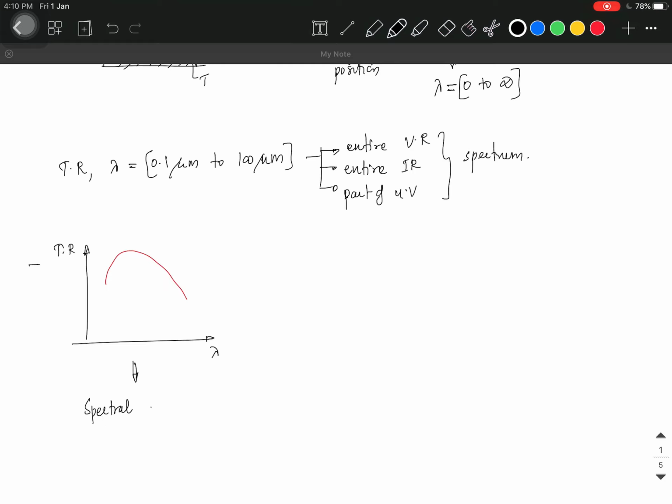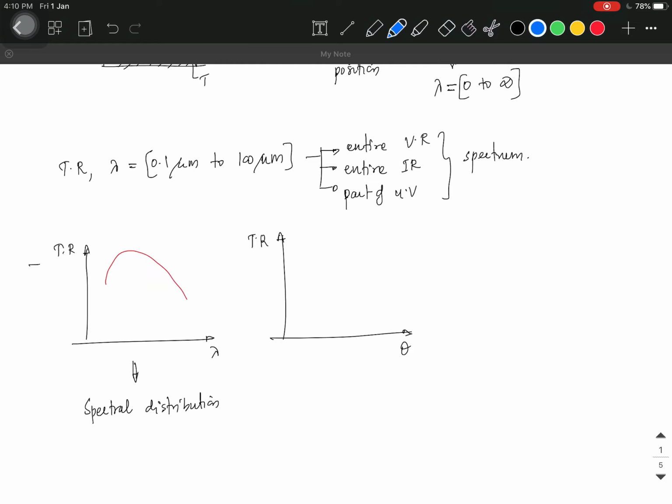This particular representation is called the spectral distribution.